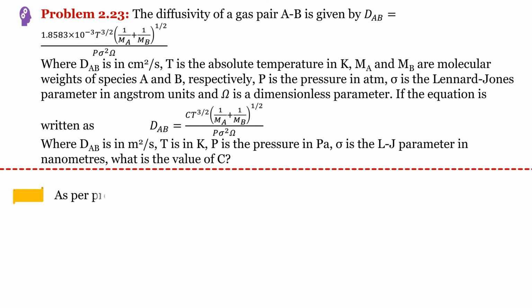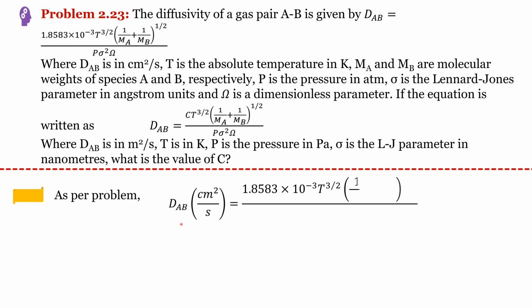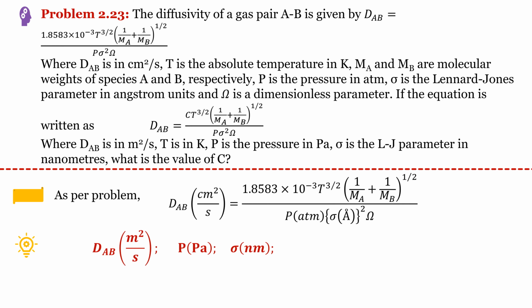As per the problem, DAB is expressed in terms of centimeter square per second, P is given in terms of atm, and sigma is given in terms of angstrom, and this is a dimensionless quantity. And we need to find an equivalent expression for DAB, for Pascal and for sigma.